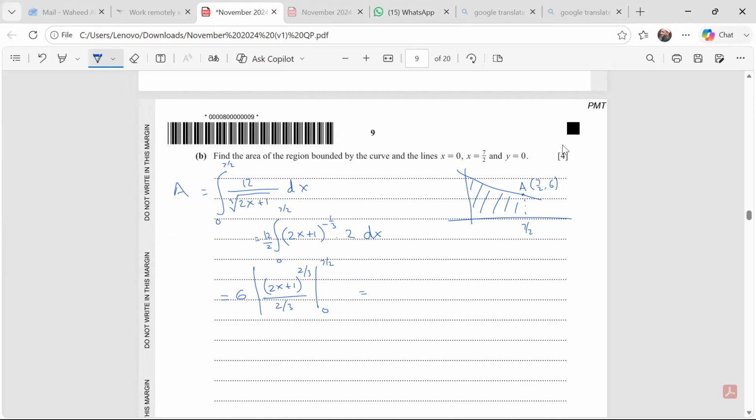When I take it outside, it will be 6 times 3 is 18, over 2 is 9.